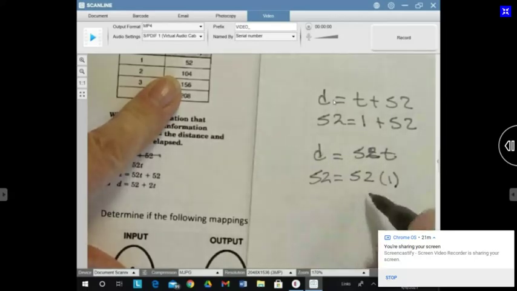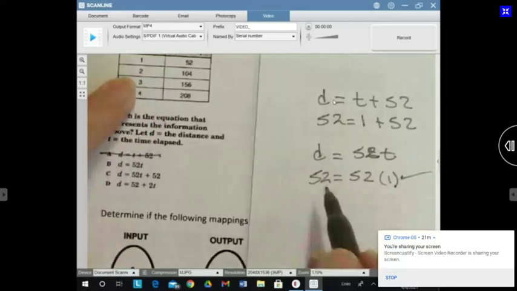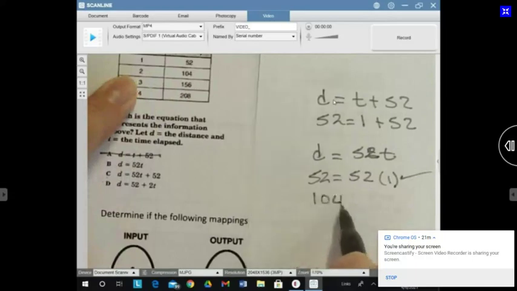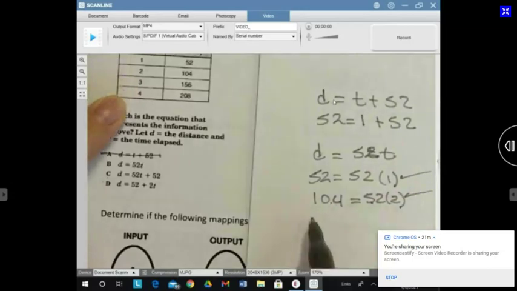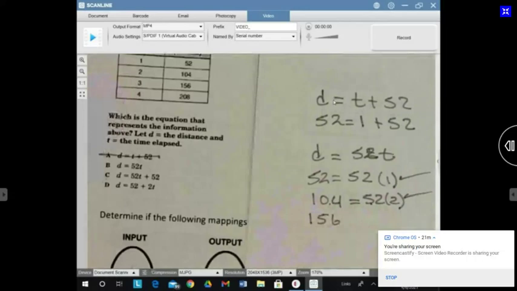All right, so that's good. I'm going to go to the next one. 104 equals 52 times 2. 52 times 2 is 104. 156. Do you guys see where I'm getting this from? I'm just plugging in the coordinates from the table into the equation.